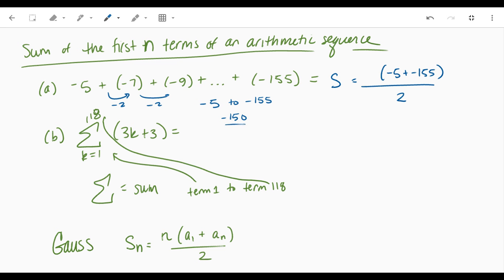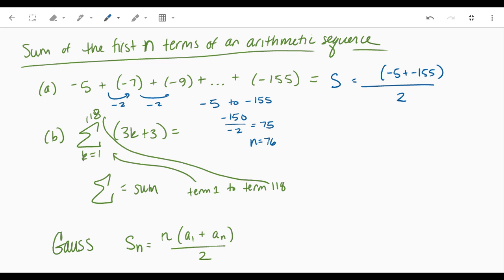We're going to divide it by negative 2 to get 75. So we had to subtract 2 75 times, but be careful. Don't forget that we started with the first term. So n is 76. And I'll do another one like this for you too.